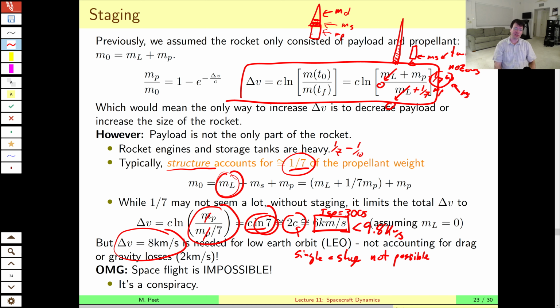And this was what was so concerning to Hohmann when he was talking about getting into orbit. People were concerned whether it would ever be possible to launch rockets into space because of this fundamental limitation. So they were really hoping that the C would increase, right? And of course, it never did substantially.